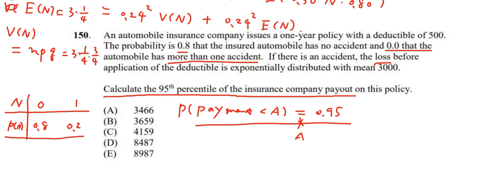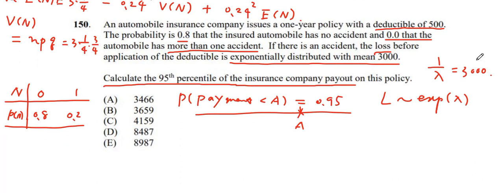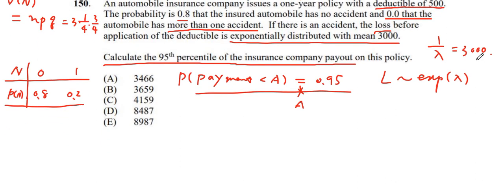And if a car accident happens, the loss without deductible is exponential distribution. That means we say the loss follows exponential distribution with this mean, but for the payment we have a deductible. So let's just focus on payment. The payment less than A, we can have two parts.